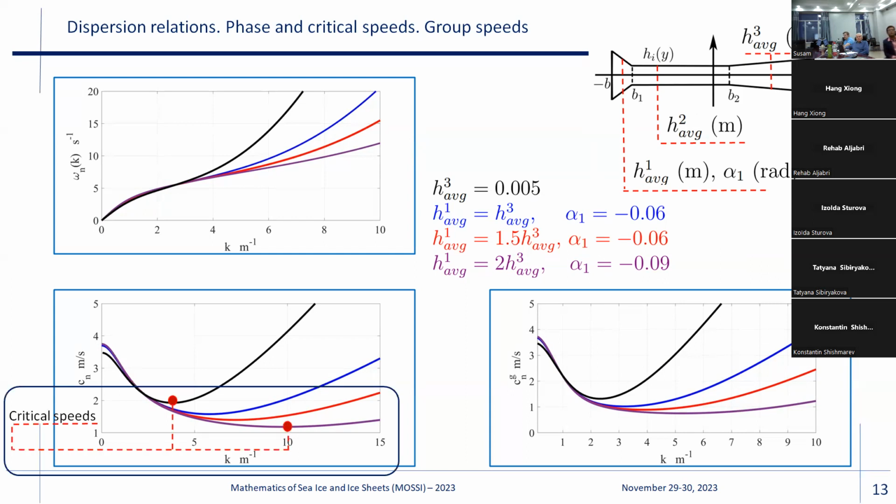One important thing is that values of critical speeds, which are very important for operations on ice and which are equal to the minimum of phase speed, can be very different for a plate with constant thickness and a plate with variable thickness. This difference is shown on the plot for the phase speed.